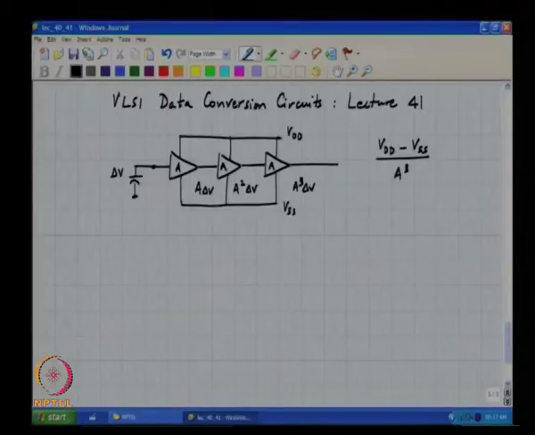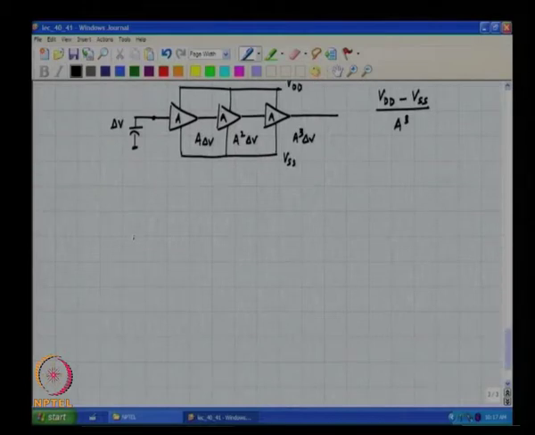Another way, which is probably not very apparent at first sight, is to say I have a capacitor with a voltage delta V. So, this earlier approach is the cascade of amplifiers approach.